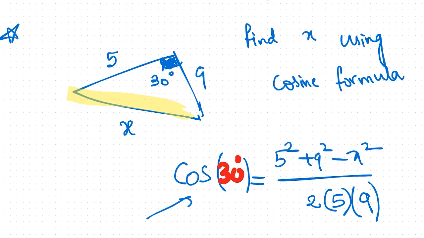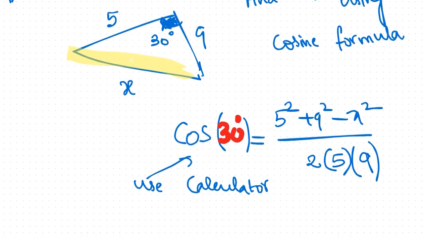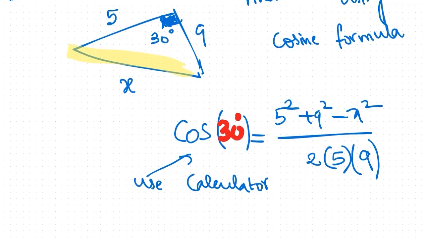This value can be found by using a calculator. Cos of some angle, calculators are allowed, so directly put it. How much is cos of 30? Let's say for convenience it is cos of 60 degrees for this question. It's 0.5.